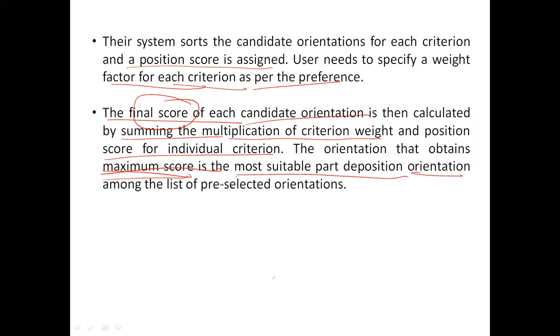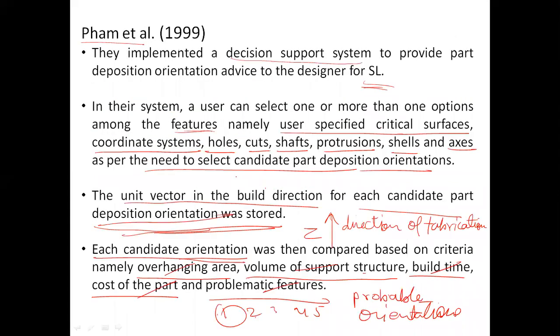Now, the problem that came up in this algorithm was this. Say you have a part like this, a simple cube, and you have not a through hole, but, looking from the side view of this cube, a cavity which goes to a certain depth but not through the part.